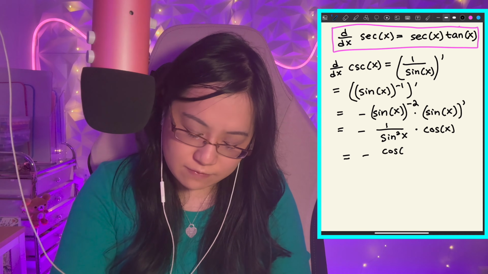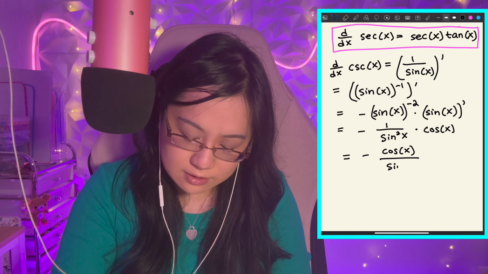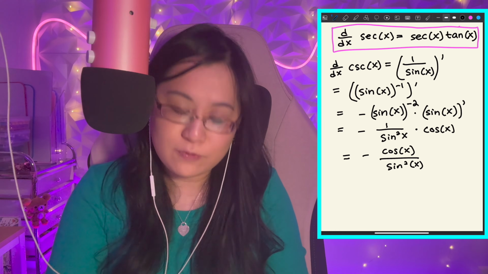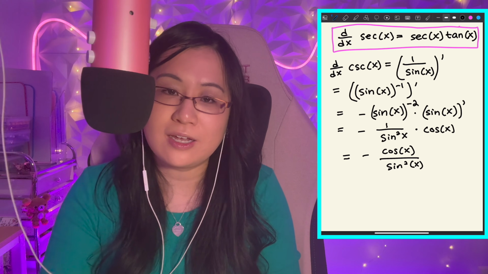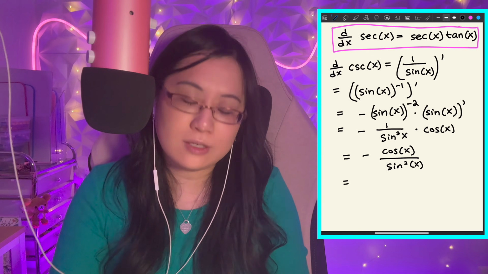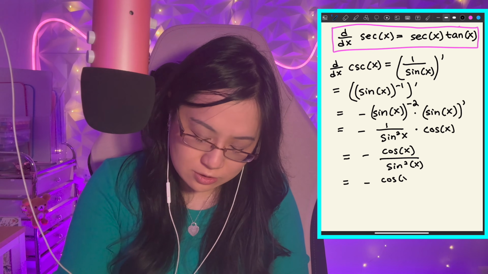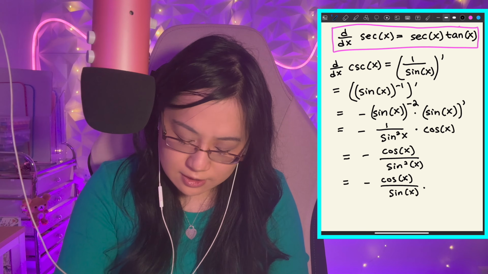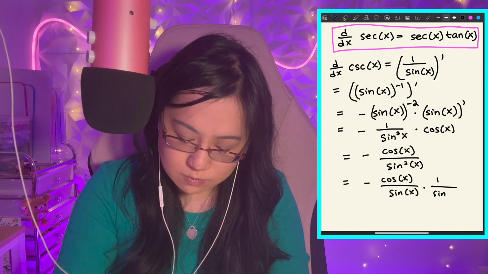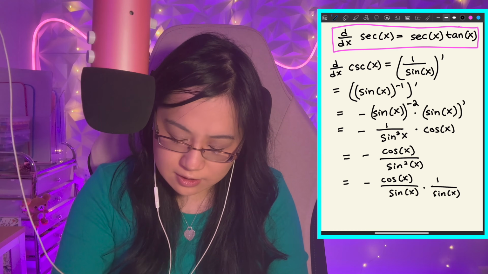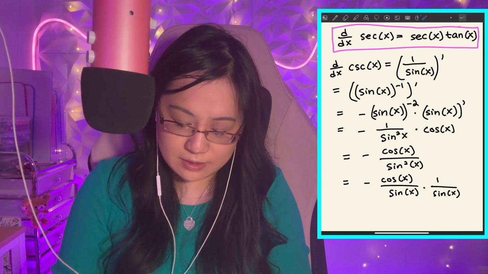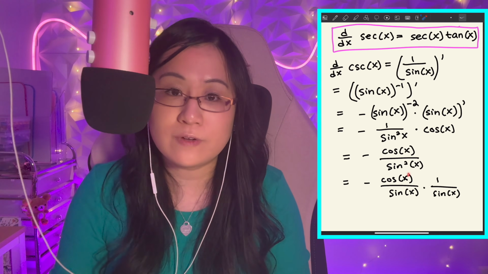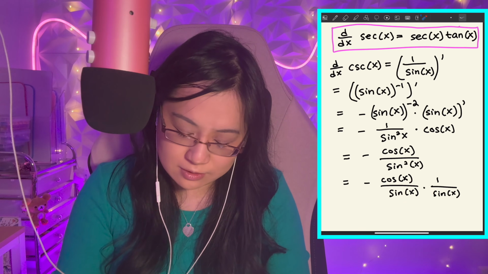So now I have negative cosine x over sine squared x. Just like before, I'm going to split it up so that I can use our trig definitions. So I'm going to do negative cosine x over sine x times 1 over sine x.